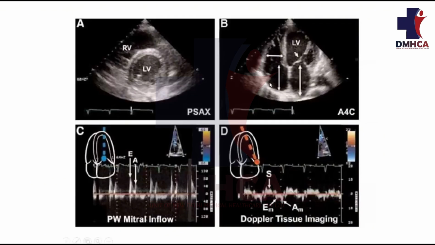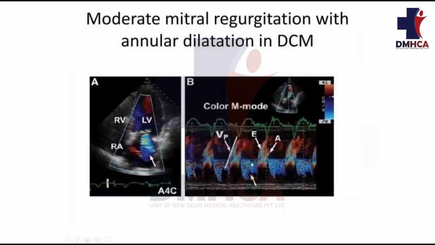You have to see the RV from the base, from the RA. So LA is dilated, LV is dilated, and EPSS you can see. Tissue Doppler also, and mitral inflow shows diastolic dysfunction. MR will be there, annular dilatation will be there, and with the dilated chamber, MR will be there. This is the MR.